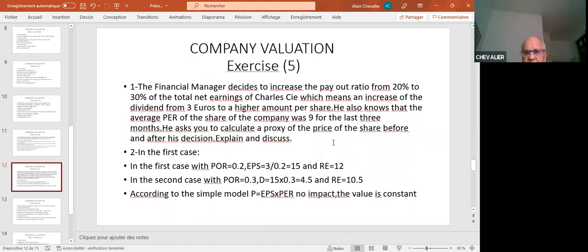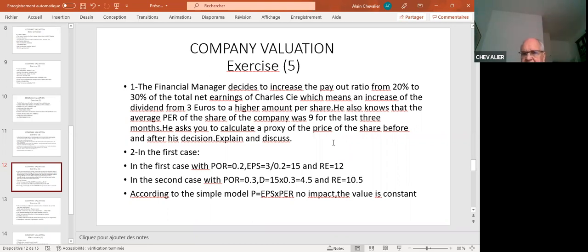It seems that the decision to increase the dividend has a positive consequence on the value of a company. So for the valuation process, to simplify, it's better to have a payout ratio of 30% than a payout ratio of 20%. This is what you will find when you apply a dividend-based model, like what we'll see in a few minutes, the Gordon-Shapiro model.